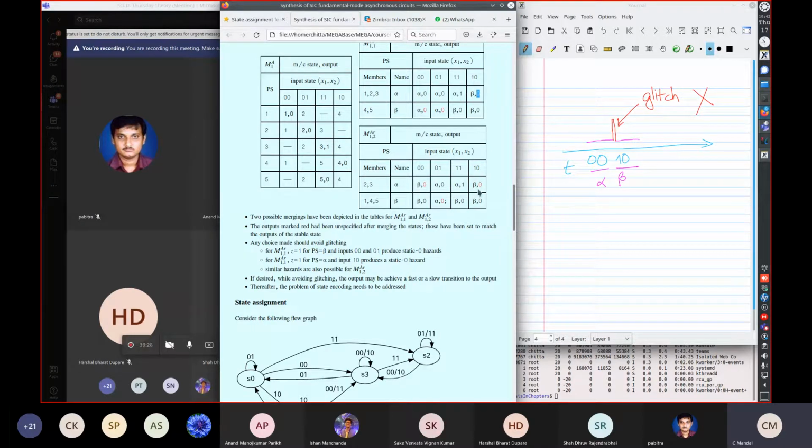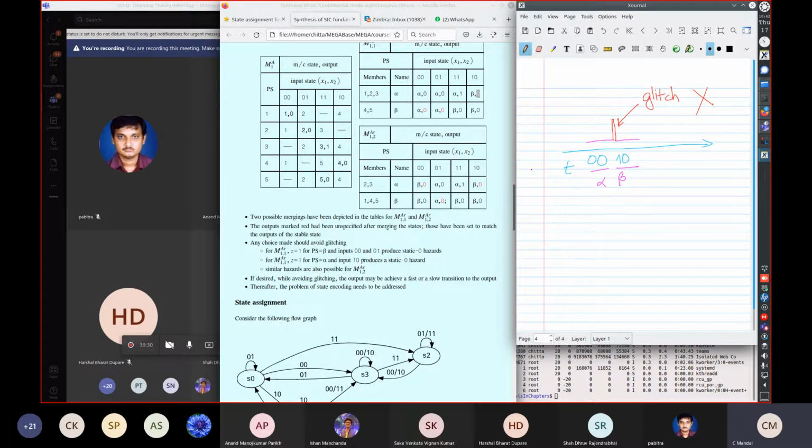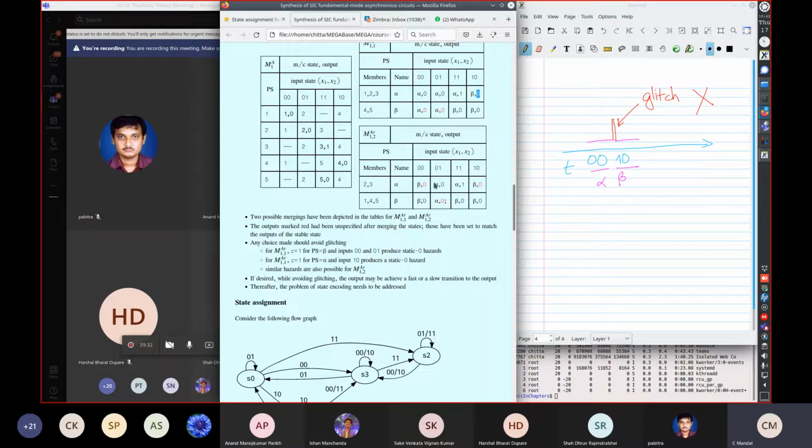You directly go to the stable output, and you don't have these glitches. So when you're setting the don't care value of the output, you should be careful to set it to a value which will avoid glitches.